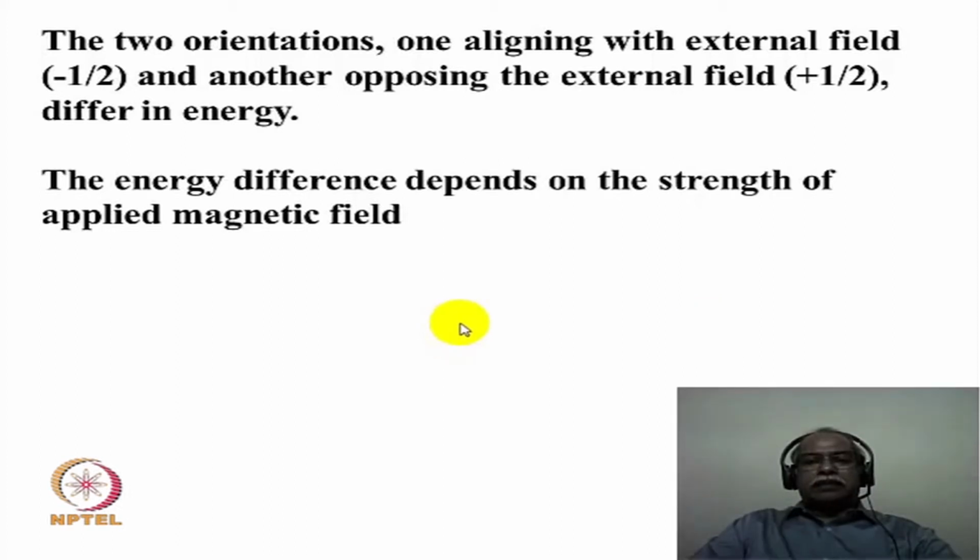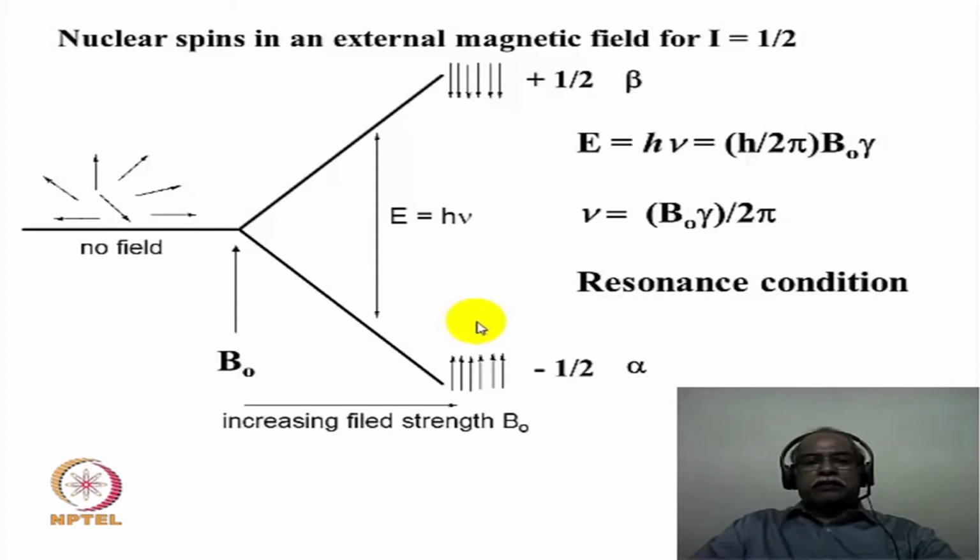The energy difference depends on the strength of the applied magnetic field. This is diagrammatically represented in this particular slide. On one side there is no magnetic field, and the magnetic field is applied from here onwards. In the absence of a magnetic field, the magnetic moment vectors, which are represented by these arrows, are randomly oriented.